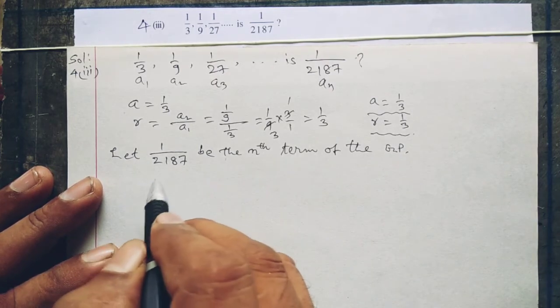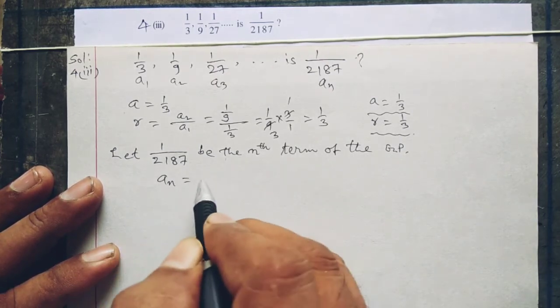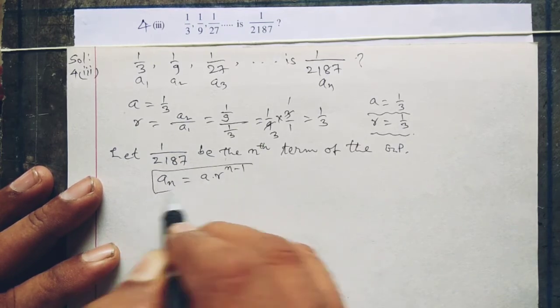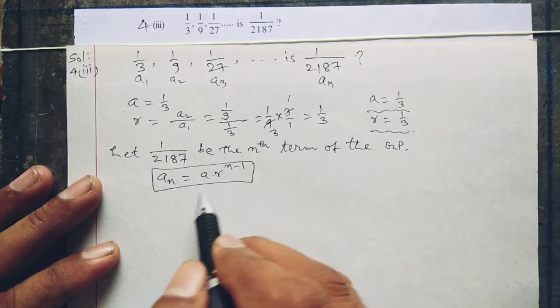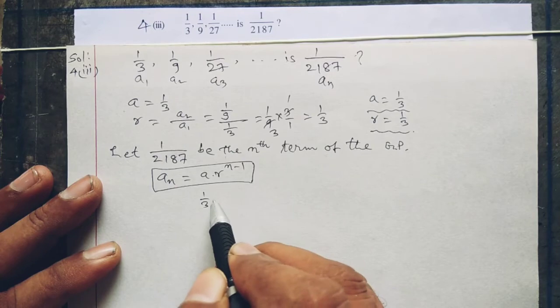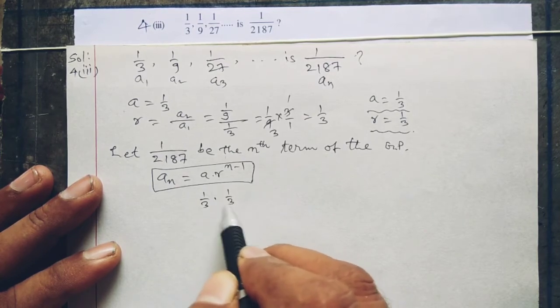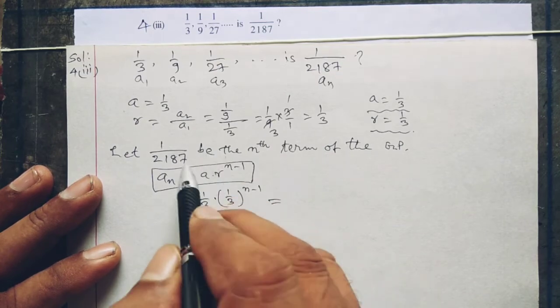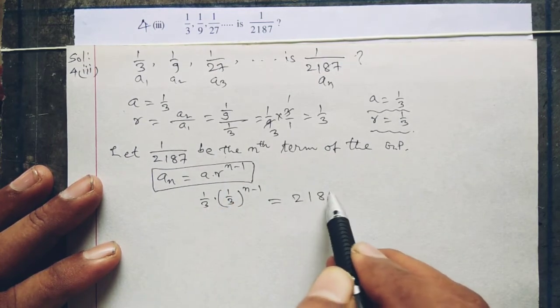Then we know the nth term An is equal to A R to the power of n minus 1. This is the formula. We have to substitute the A value 1 by 3, the R value 1 by 3, whole to the power of n minus 1. This is given as 1 by 2187.